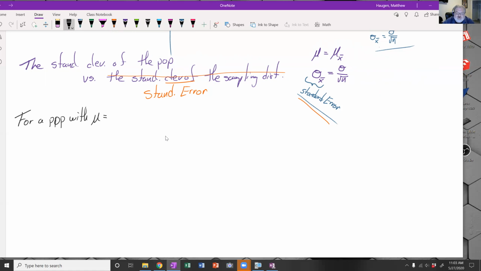So: a population with a mu of 32 and a standard deviation of, I don't know, 17, for a sample size of n equals 100. Find the standard error.